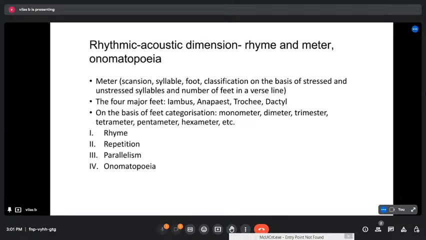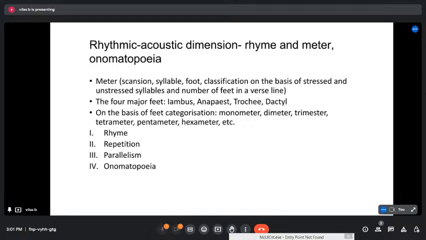So these four major feet you can find: iambic, anapest, trochaic, dactylic, and so on. The categorization on the basis of feet which occur in a verse line: we can say it is a monometer, that means only 1 foot. Dimeter, that means 2 feet are there.